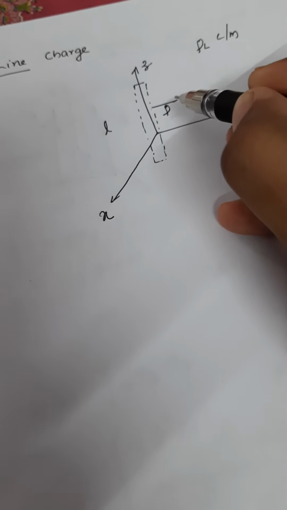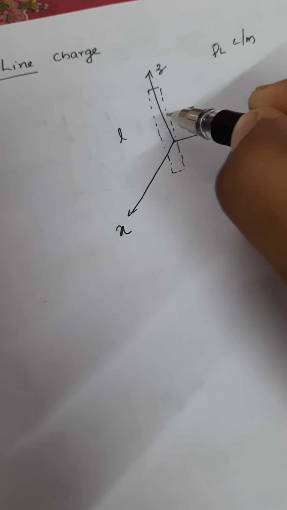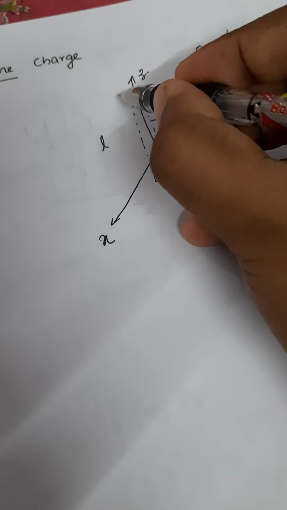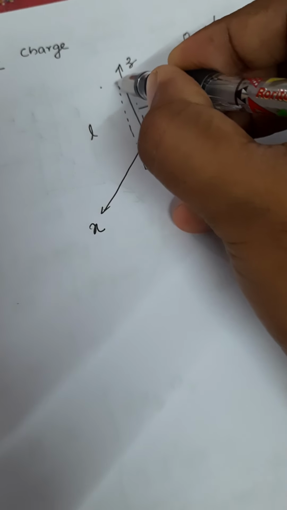In order to find the flux density at this point, we have to consider a closed surface as the Gaussian surface. Here we can assume a cylindrical surface as the Gaussian surface.